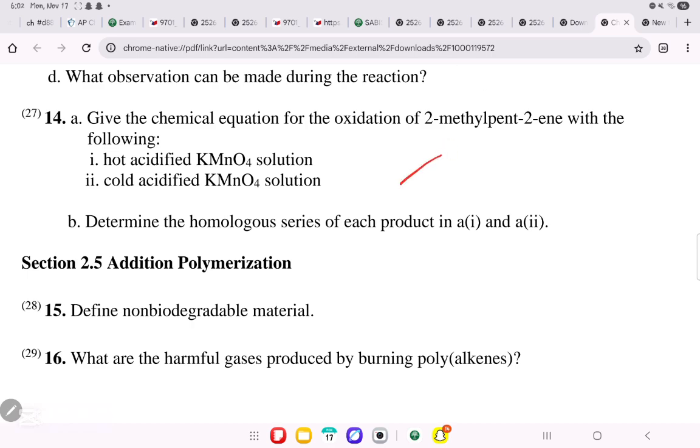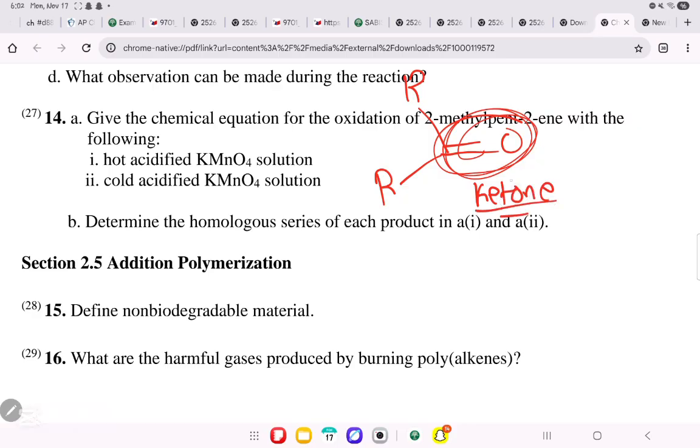It was like this. Whenever you have a double bond O and an R group here and an R group here, this is a ketone. So we had a ketone, in addition to a carboxylic acid, because it was COOH, double bond O, and then CH2CH3. So this is a carboxylic acid.